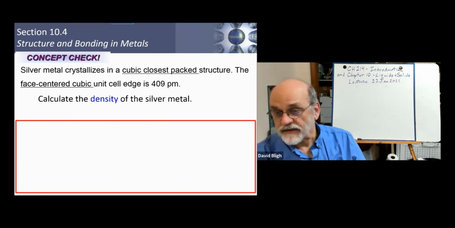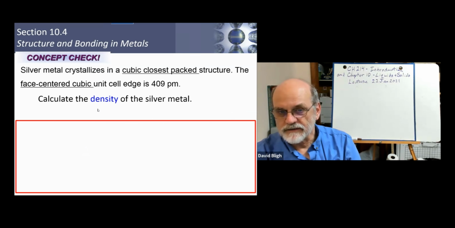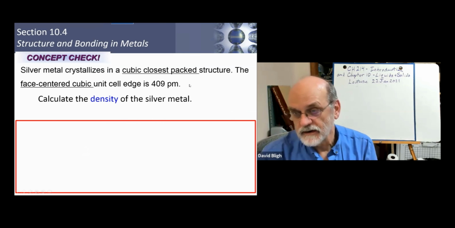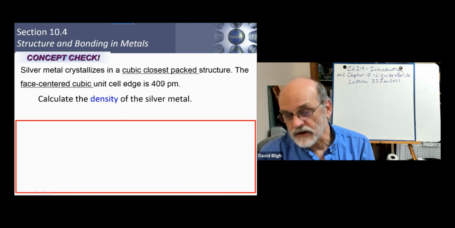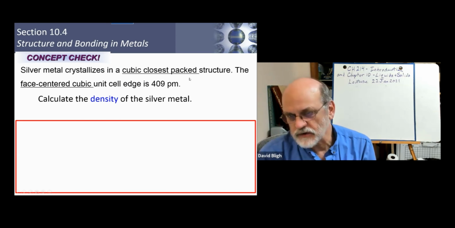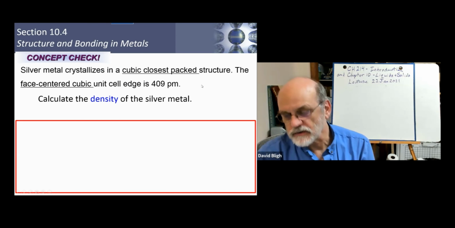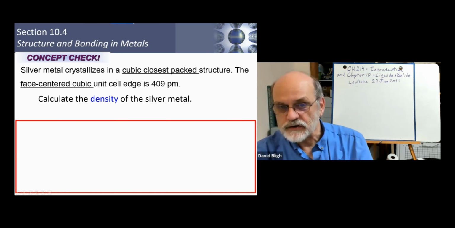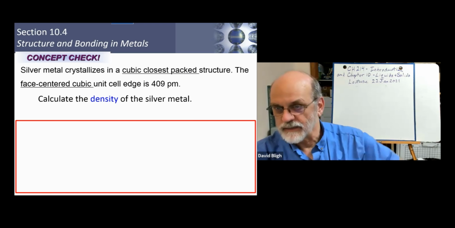Okay, another thing you can do is, once you've determined the radius of the atom, you combine other information that you can get, like the mass, and the edge of the cube, which gives you the radius of the atom, and the structure of the unit cell, you can deduce the density of the metal, right?